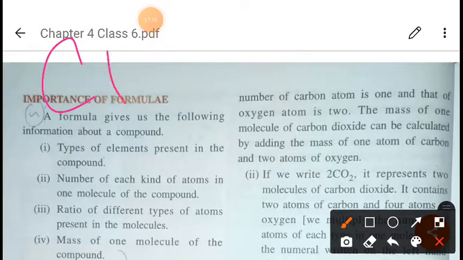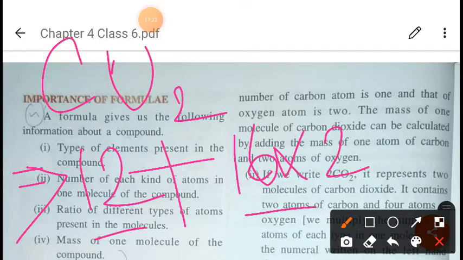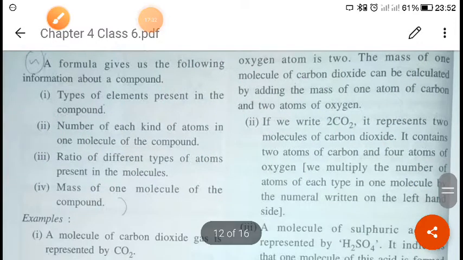Let me write here, it is not so important, you will learn it in higher classes. Carbon is 12 and for oxygen we write 16 into 2, which is 32. 32 plus 12 becomes 44, right? In this way we find it out. It is not important for you now, you will learn it in higher classes.